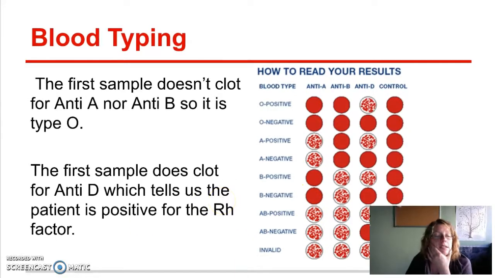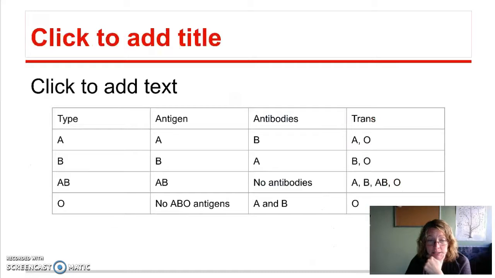All right. So we've kind of gone through these. You can spend some more time with these tables on your own, but I just want to look at a chart that explains the antigens and antibodies that each blood type makes. So if you have type A blood, that means that on your red blood cells is type A antigen. And so when you mix antibodies for A antigen in type A blood, it's going to clump.